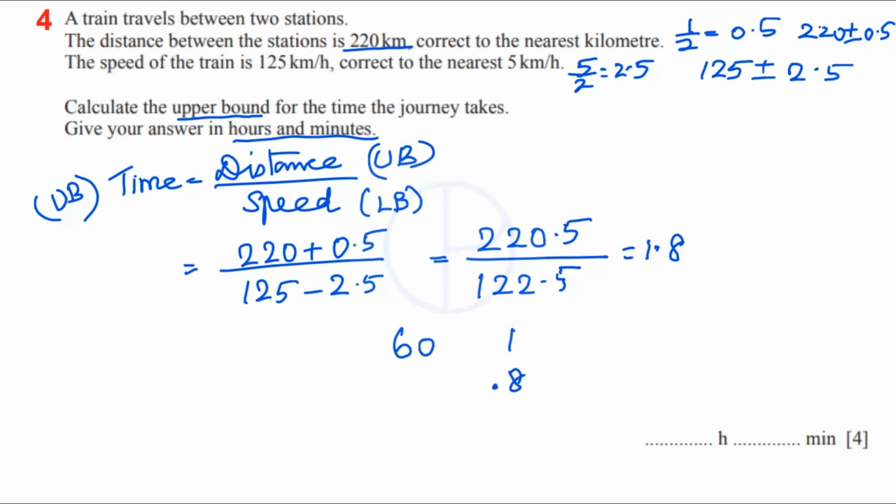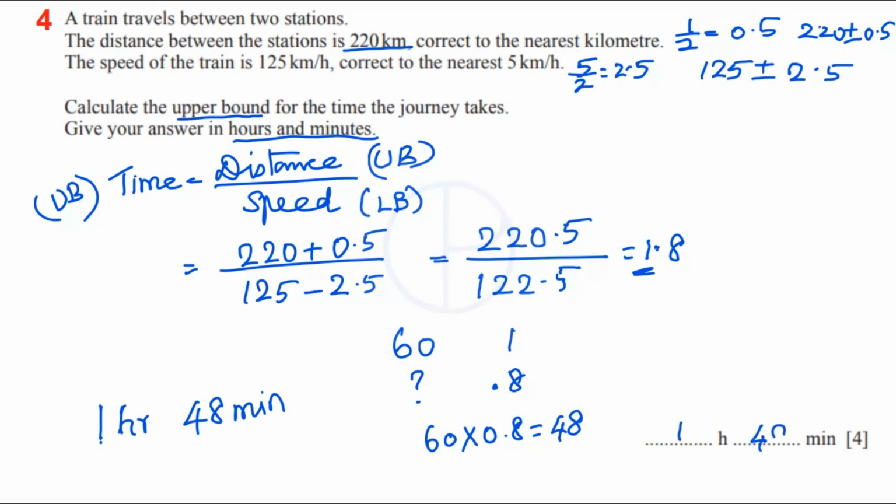So 0.8 refers 60 multiplied by 0.8, 48. 1 hour and 0.8 is converted into 48 minutes. So 1 hour 48 minutes.